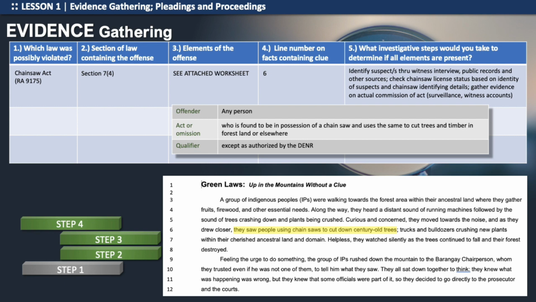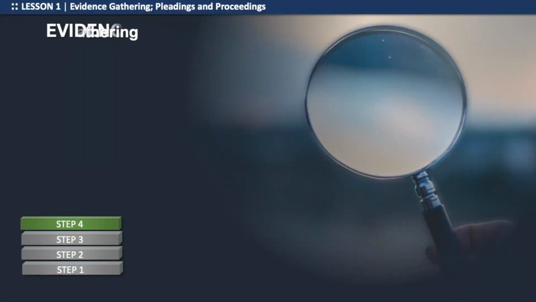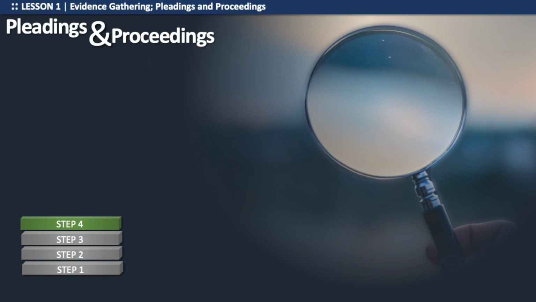So I think that should provide us a good idea of these two steps, step 2 and step 3. So we are now just about ready to move on to the last step on lesson 1.